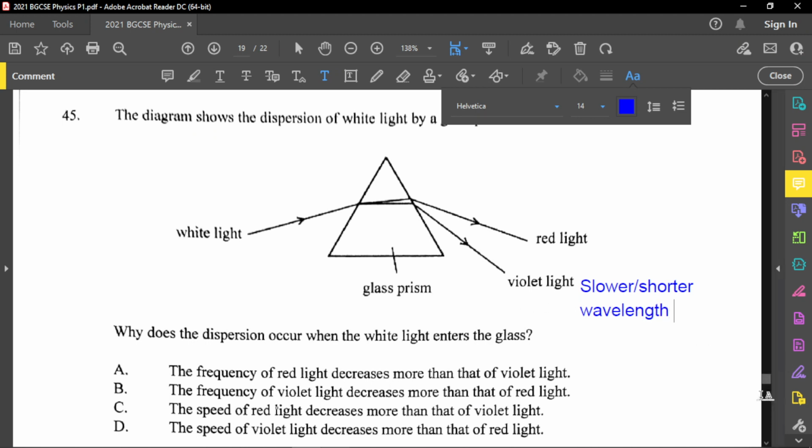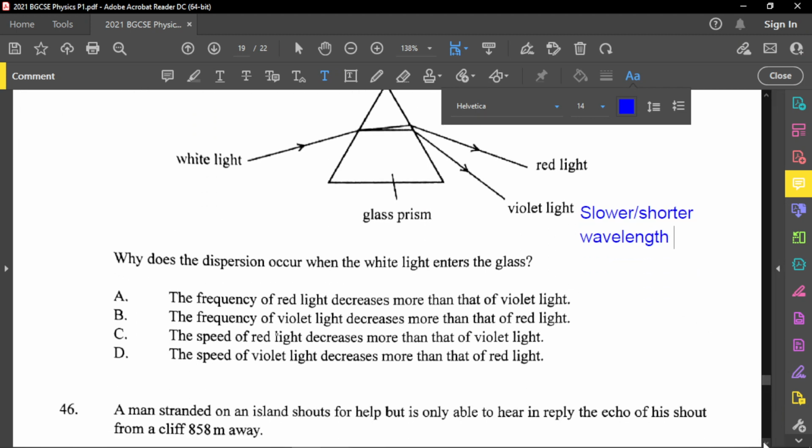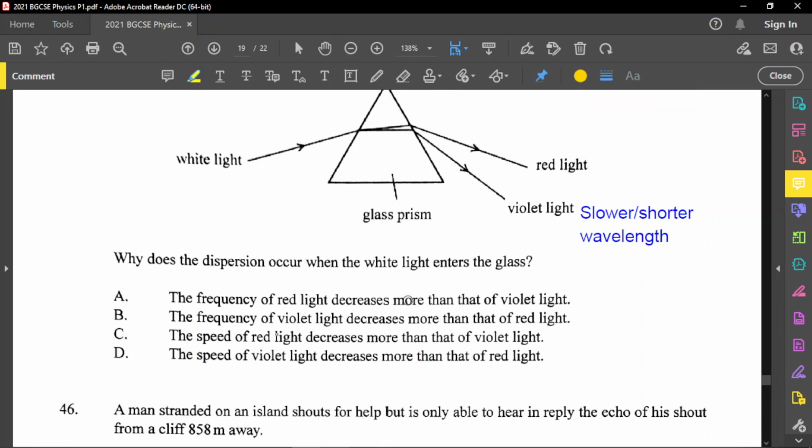And so let's go to the answers now and see which one is the best answer right here. So why does the dispersion occur when white light enters the glass prism? And so for A, it said that the frequency of the red light decreases. So once the frequency changes, don't even look at it, it's going to be wrong. All right, the frequency in A and B, they're talking about frequency changes.